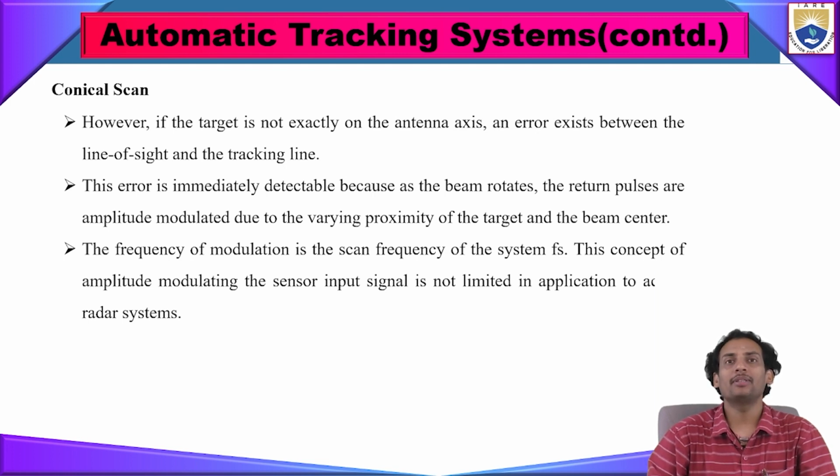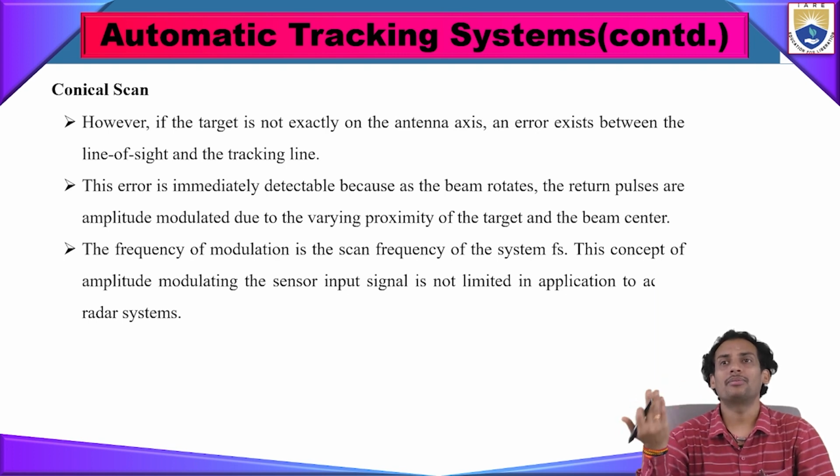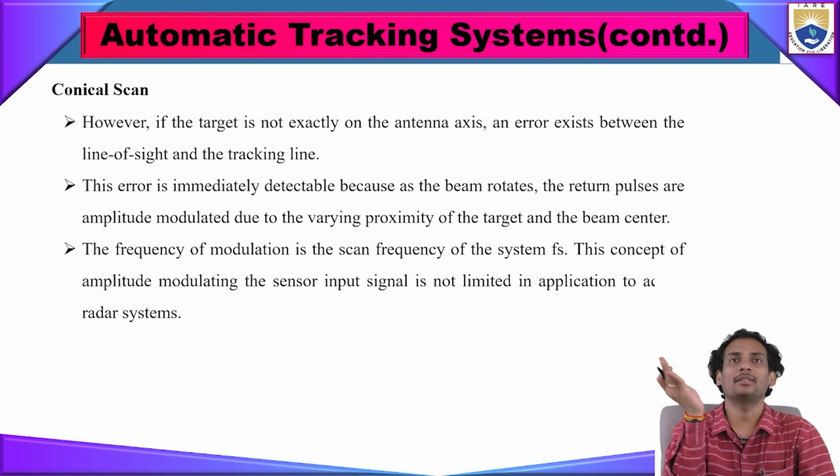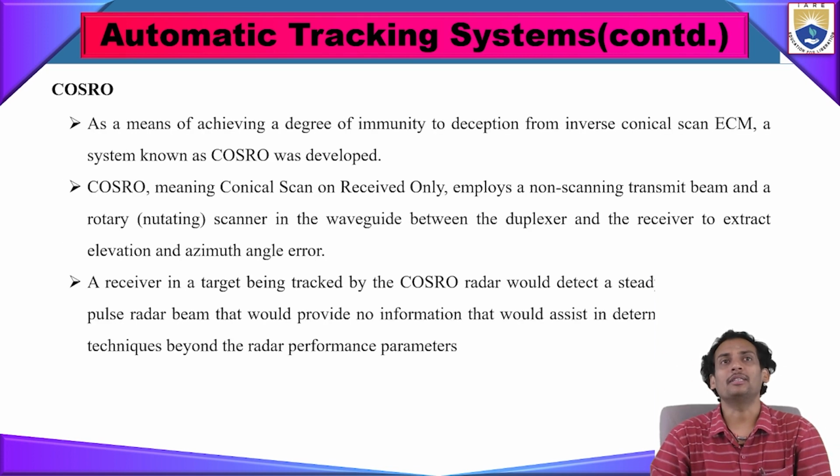The frequency of modulation is the scan frequency of the system, and the amplitude modulation is the sensor input signal. It is not limited to active radar systems, and even if the target is out of range it will work perfectly.